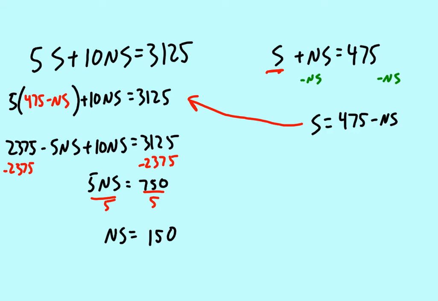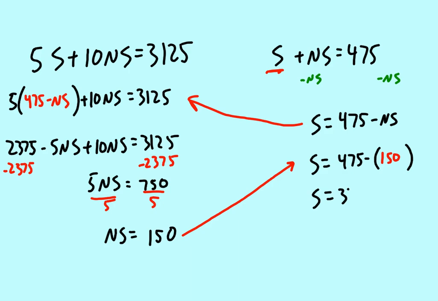Now, they call this the substitution method. If it was me, I would call it the double substitution method, because I am then going to substitute that 150 so that my s equals 475 minus my ns, but we now know that the ns is 150, and so my s equals 475 minus 150, 325.